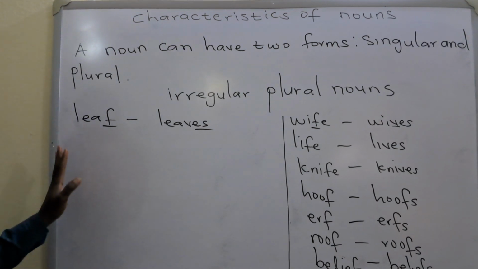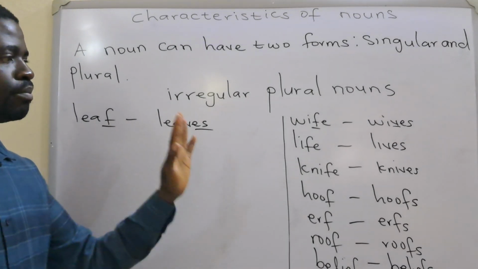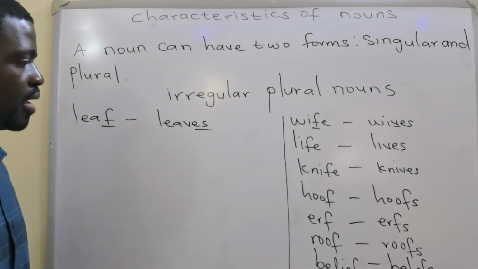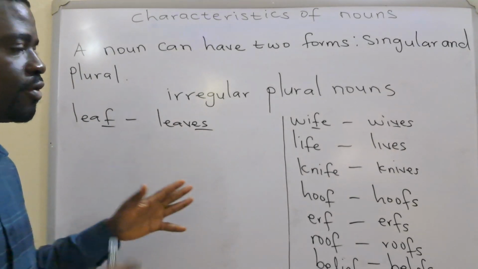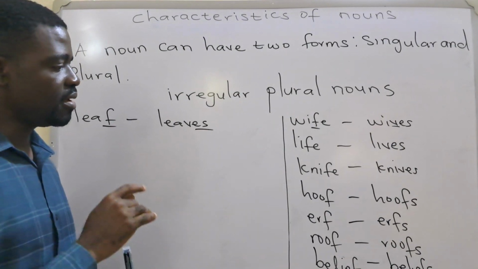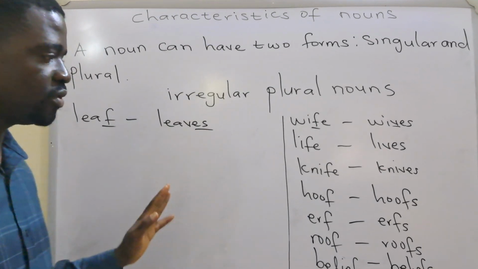These are some of the irregular ways that nouns can form their plurals. And as I mentioned earlier, for every pattern, for every rule that is established, there are likely going to be some exceptions, and you have to pay attention to those exceptions.